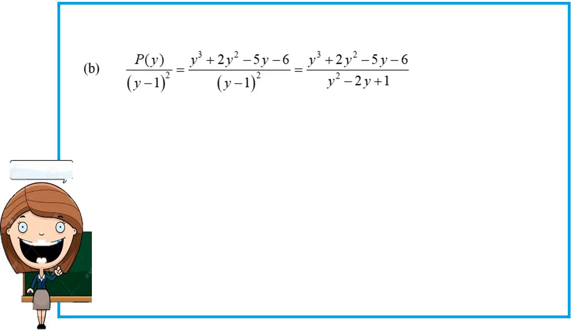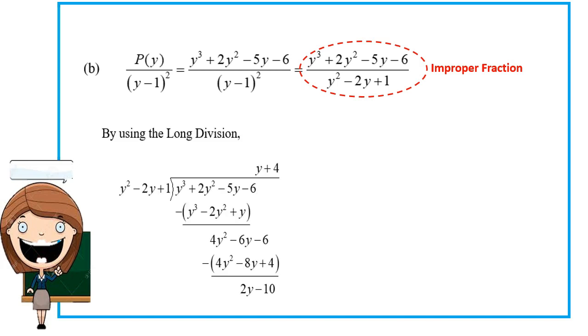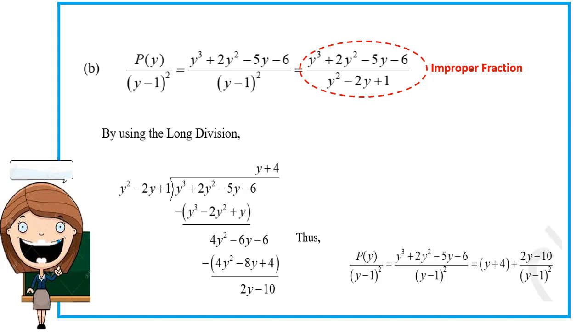For question B, we need to convert p(y) over y minus 1 squared into partial fractions. We notice that this is an improper fraction, so we need to use long division and rearrange the expression in the form y plus 4 plus 2y minus 10 over y minus 1 squared.